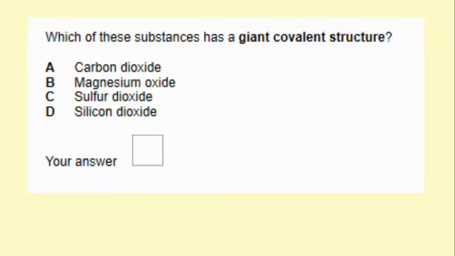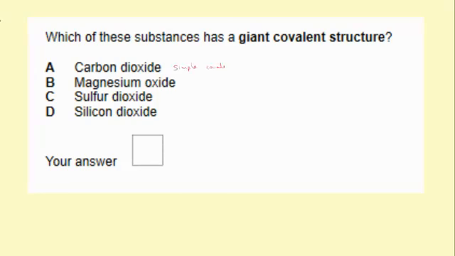So here are some exam questions for you to have a go at. Which of these substances has a giant covalent structure? Pause the video, write down the answer, and then we'll check it. Okay, so carbon dioxide is simple molecular, we used that as an example, so simple covalent.